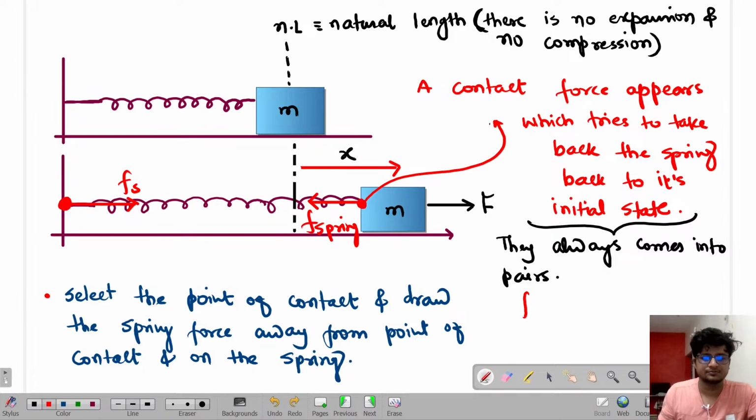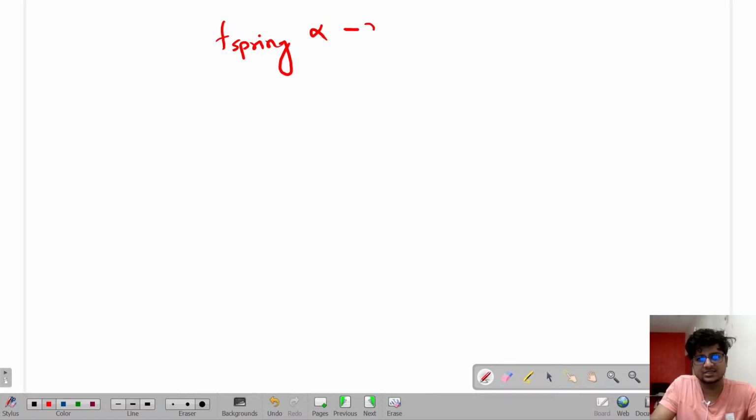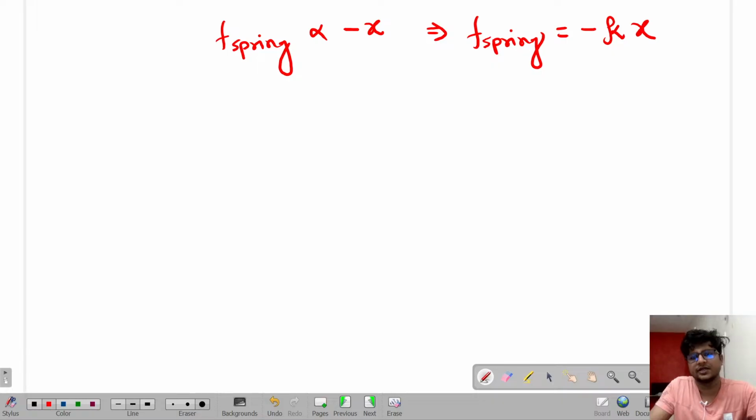Okay, right over here. The force due to spring is dependent on my displacement, but as it is opposite of displacement, why not? And if I remove this proportionality, this spring force is written as minus k into displacement.